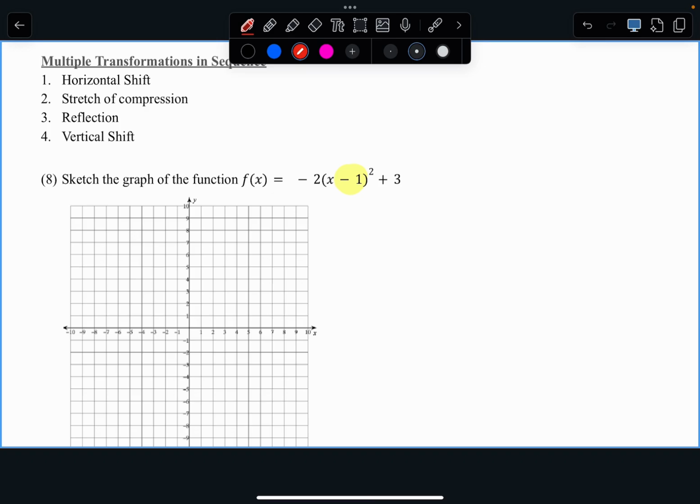So here, what does that -1 do? Because it's inside, it's a horizontal shift, this will be right 1. Anything inside does the opposite of what you think it would do.